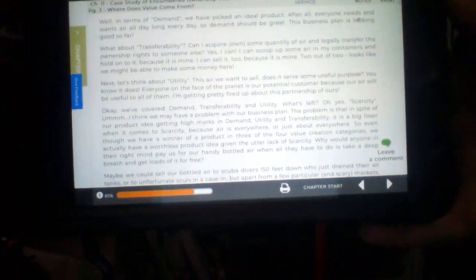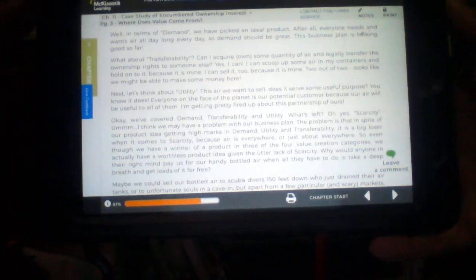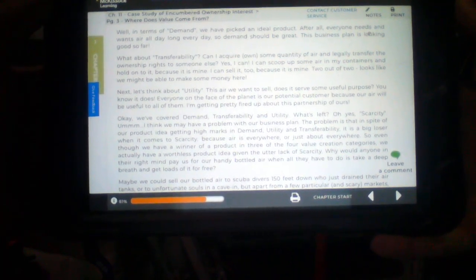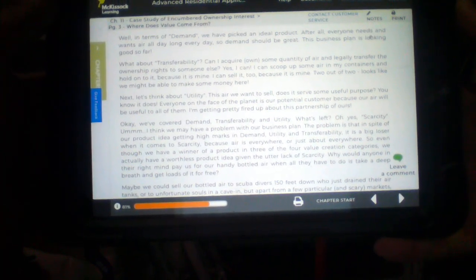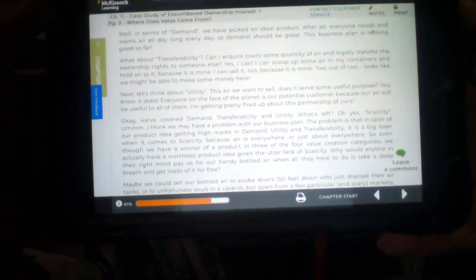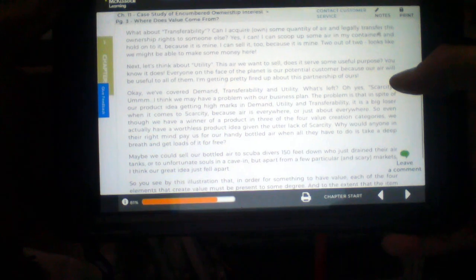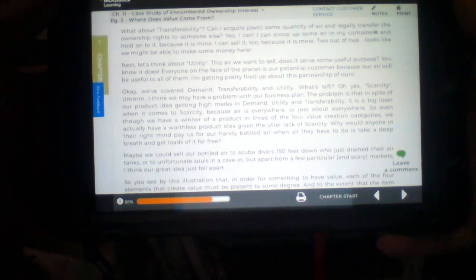Well, in terms of demand, we have picked an ideal product. After all, everyone needs and wants air all day long, every day, so demand should be great. This business plan is looking good so far. What about transferability?